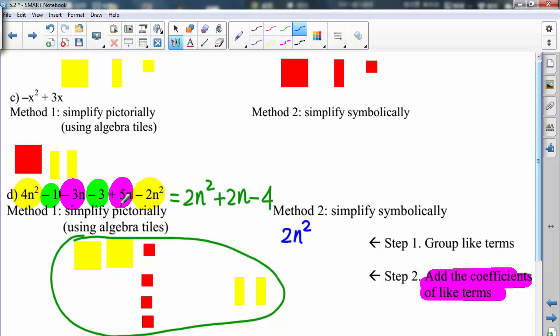Pink with pink, negative 3n plus 5n, negative 3 plus 5 is 2n. Negative 1 minus 3, green with green, it's negative 4. So that's how I can use the highlighter to help me simplify a complex polynomial symbolically.